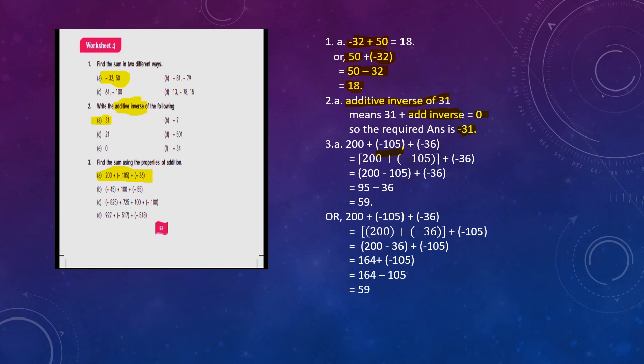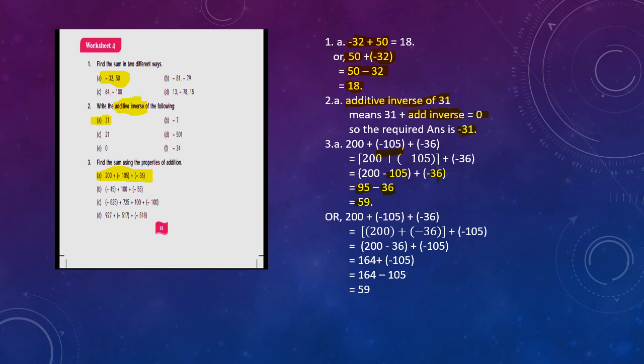So it becomes 200 plus minus of 105 plus minus of 36, which is equal to 200 minus 105 and plus 36, whose sign is negative, is equal to 200 minus 105 equals 95, and the remaining minus 36. 95 minus 36 is equal to 59.